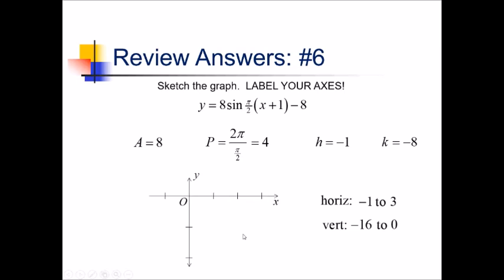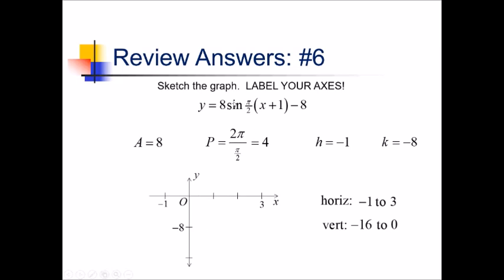If I make my horizontal grid lines go by 1s, then I can go from negative 1 to positive 3. And vertically, if I make my grid lines go by eighths, then I can go from 0 down to negative 16. So we have negative 1 here, positive 3 here, and then I'll just use negative 8. I just need to label one of the grid lines if they're all going by the same amounts.